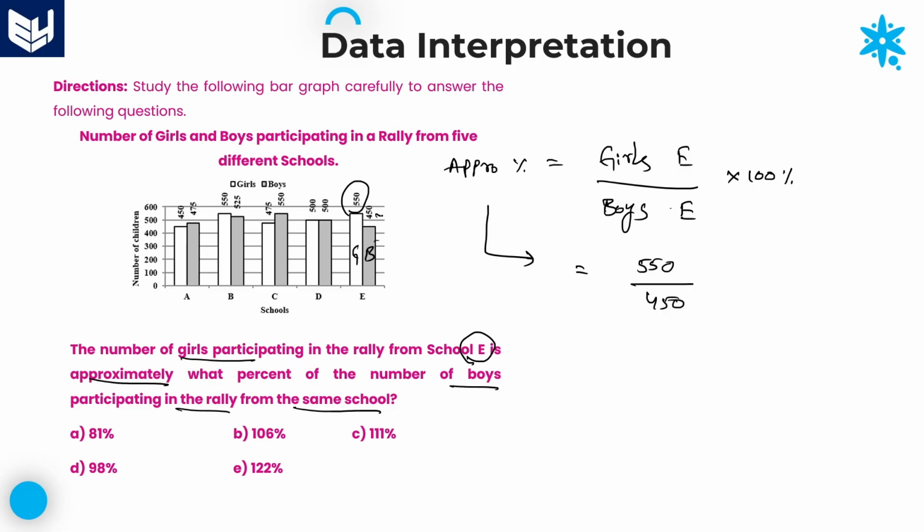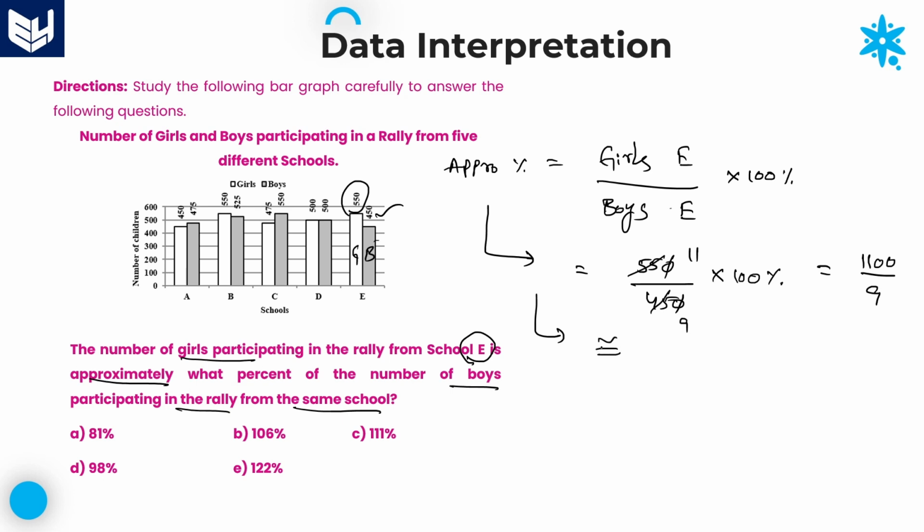Into 100 percentage symbol. Now the zeros get cancelled. 5 11s are 55, 5 9s are 45. Now this value becomes 11 into 100, 1100 by 9 percentage, which is approximately.